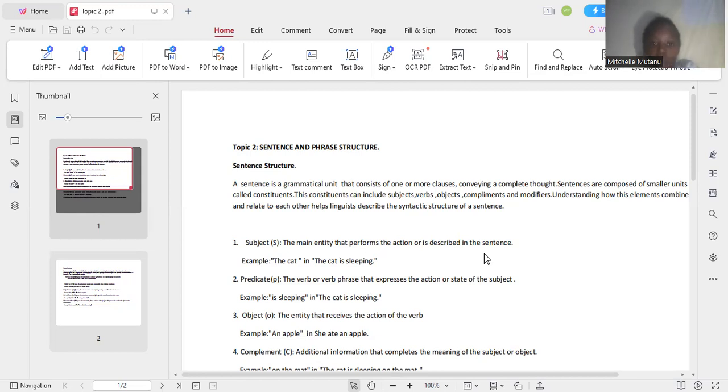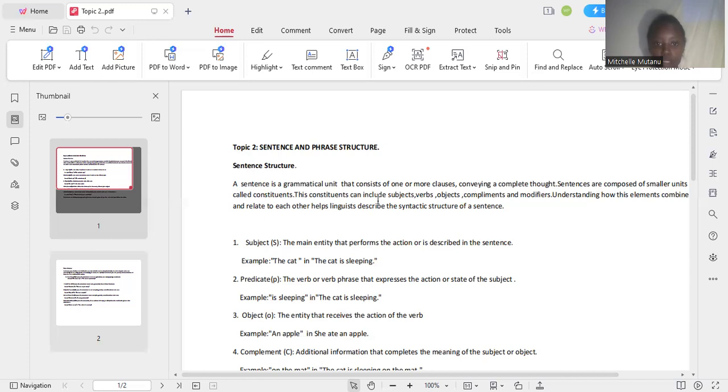So in today's class, we are going to look at sentence and phrase structure. A sentence is a grammatical unit that consists of one or more clauses conveying a complete thought. Sentences can be composed of smaller units called constituents.